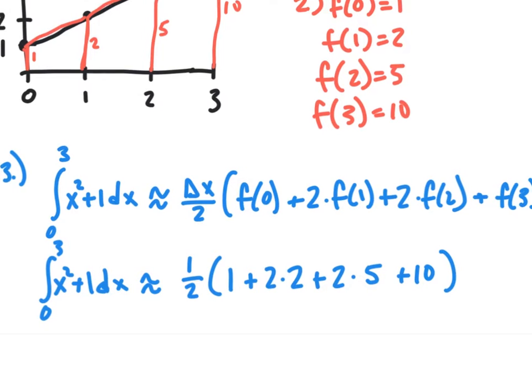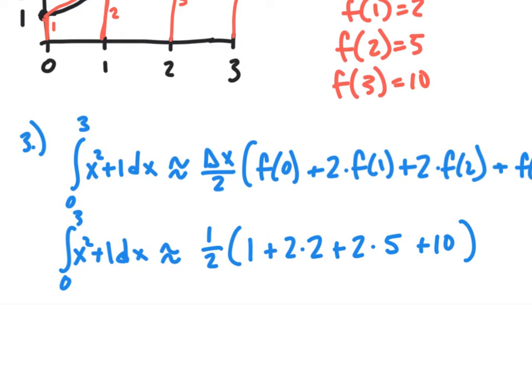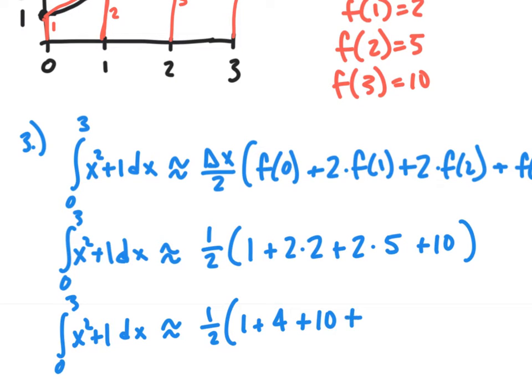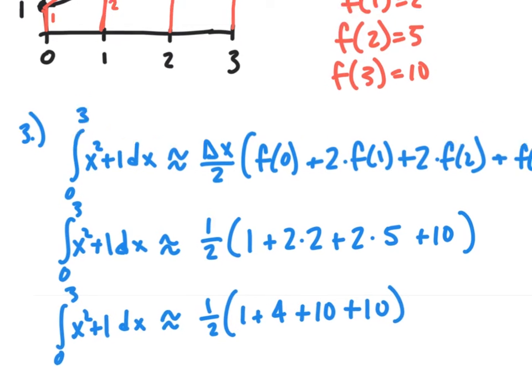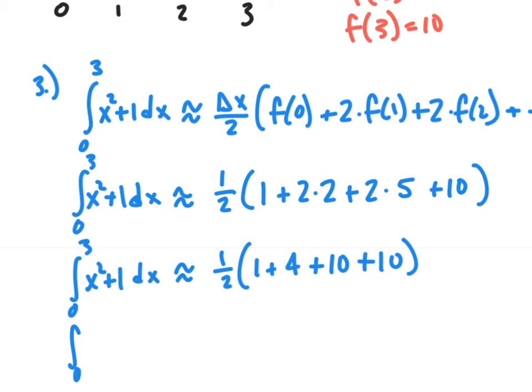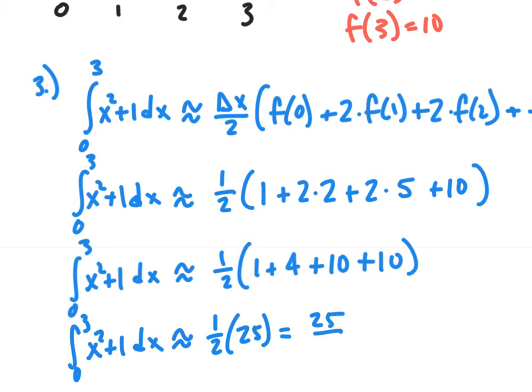As a result, the integral from 0 to 3 of x squared plus 1 dx is approximately equal to 1/2 times 1 plus 4 plus 10 plus 10. So that gives me 25, right? So it's approximately 1/2 times 25, which gives me 25 halves, which is also equal to 14.5.